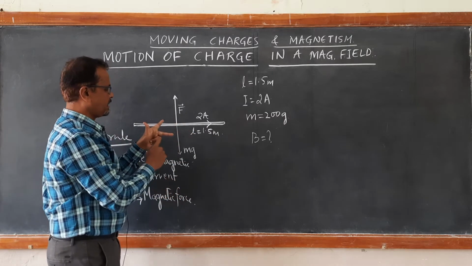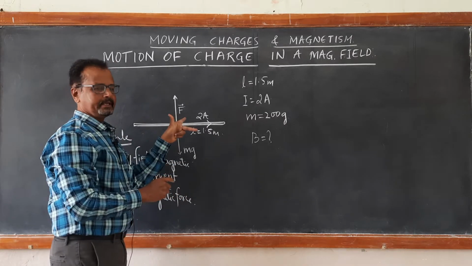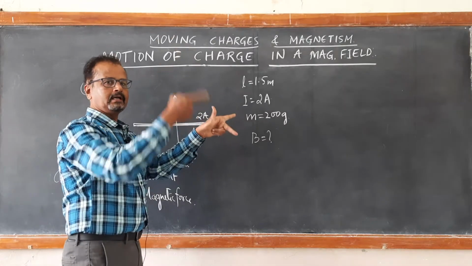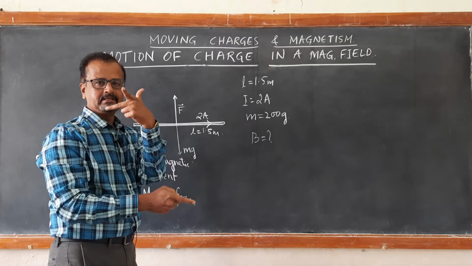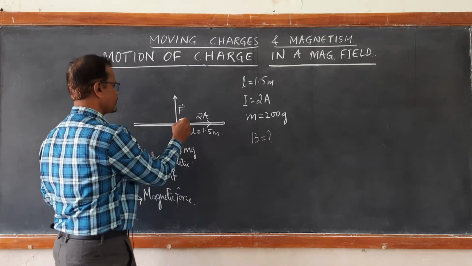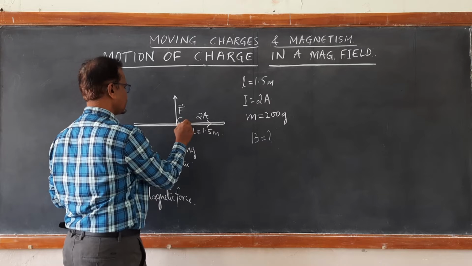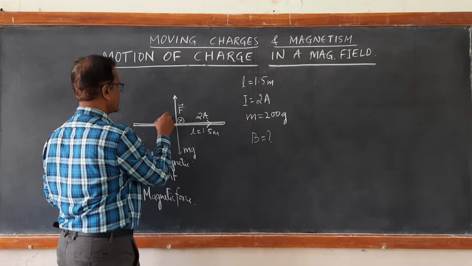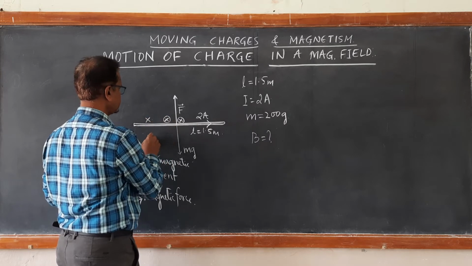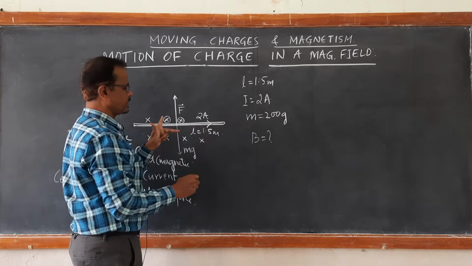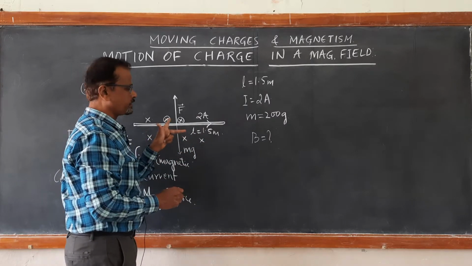And in order to have the thumb vertically upward, the forefinger should be pointing vertically inwards. So the magnetic field is acting vertically inwards. The direction of field is shown by a cross. So there is a uniform magnetic field acting vertically inwards, perpendicular to the plane.